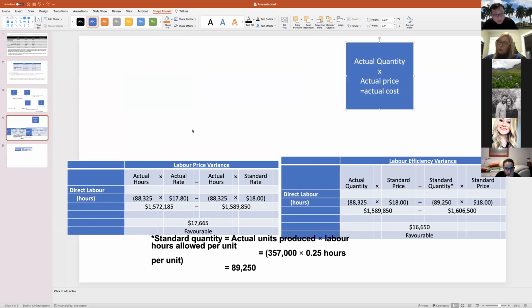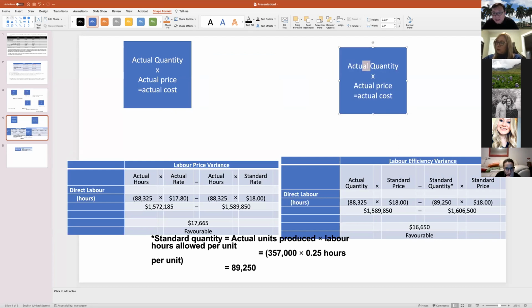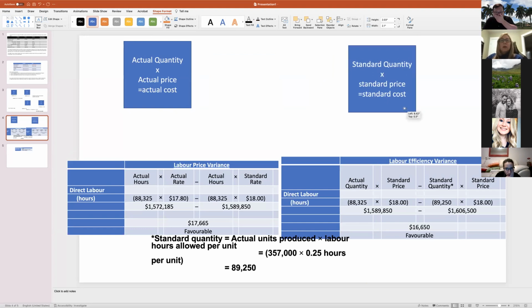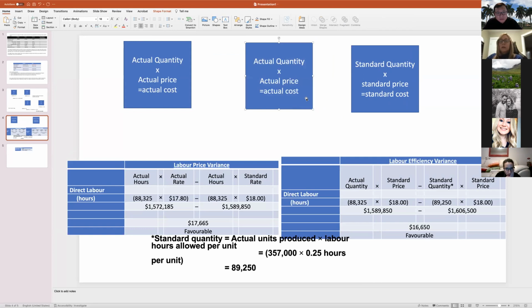On the right side this becomes standard quantity times standard price, and you get a standard cost. Then we want to create a box in the middle. You tell me what should I write here in the middle?